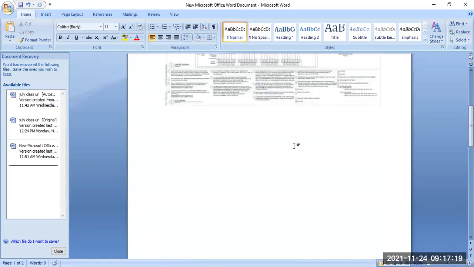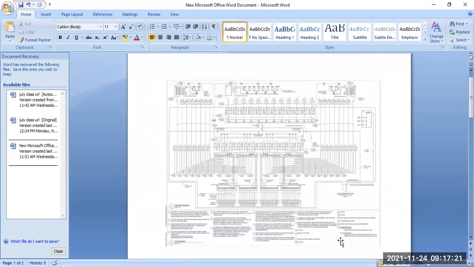But in this case, you can't understand these things, because this is a purely automation and instrumentation panel diagram. If you don't know these symbols and the sources, it will be difficult to understand.